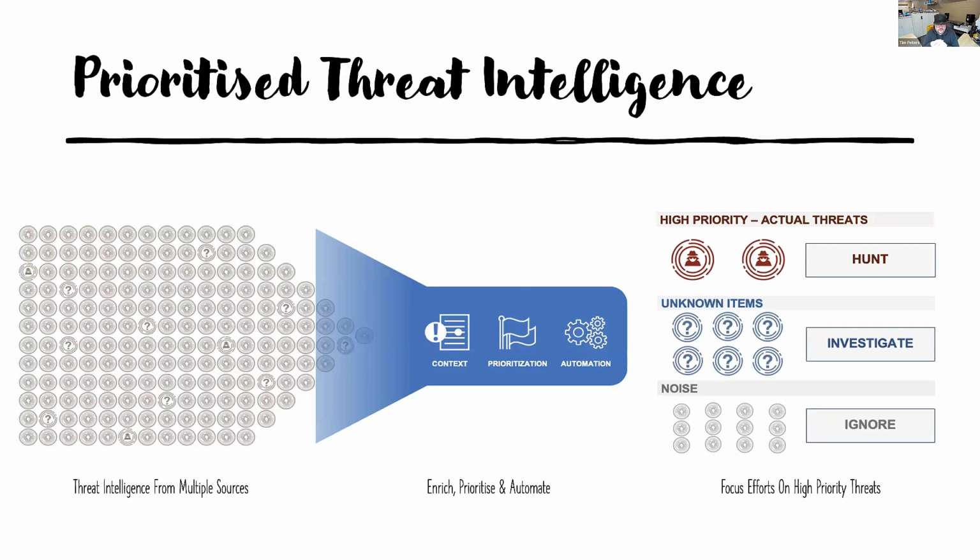So when we look at that, we don't want to send everything over to our SIEM, to our EDR tools and so forth. Realistically, the amount of data that comes in from multiple threat intelligence sources, or even from single feeds that you may subscribe to, can be an overload.